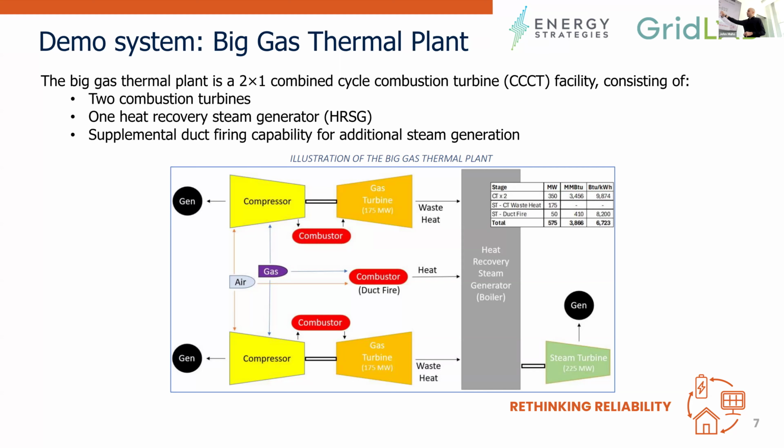The waste heat goes through the boiler here, and then goes to the steam turbine with a capacity of 225 megawatts. We also have supplemental duct firing capability for additional steam generation, which increases the output of the steam turbine by 50 megawatts. So the total capacity of this big gas thermal plant is 575 megawatts.